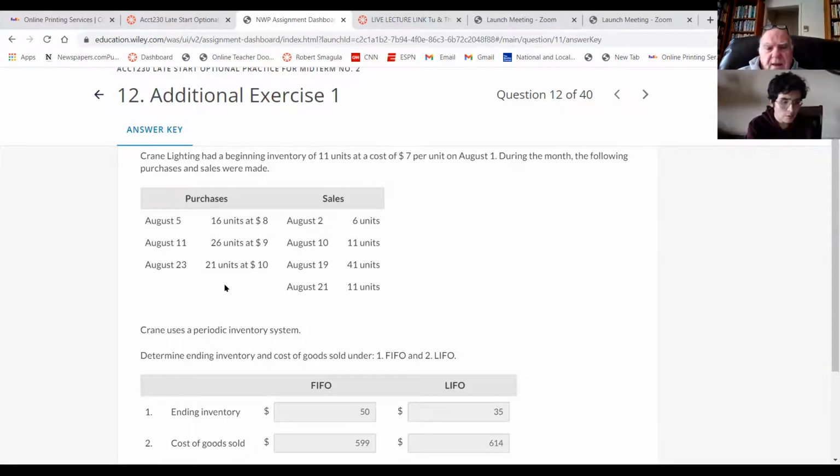How many did they sell? I'm sorry, that comes to 122. I did this before. That's why I'm pretty sure of the number. 11 plus 16 is 27. 27 plus 26 is 53. 21, 26. 7, 26, 23, 49.